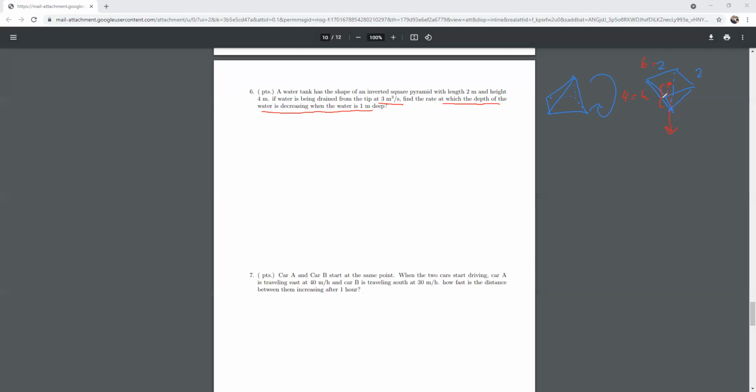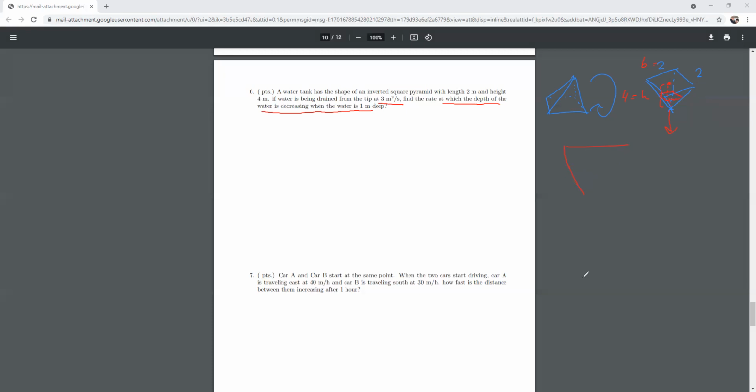So if there's some water in here, it's going to take the form of a pyramid, right? It's going to be a smaller pyramid within the pyramid. So it's going to be something like another pyramid right there, like all this. So we'd want to use maybe a formula of volume for a pyramid.